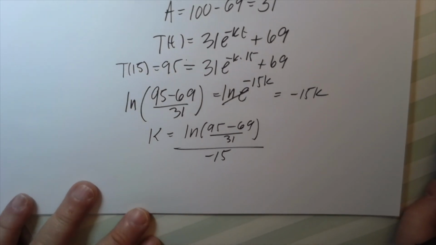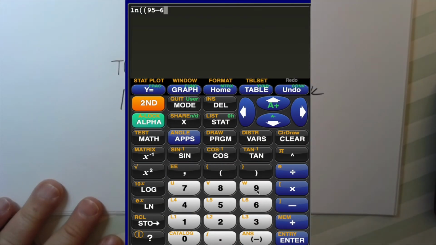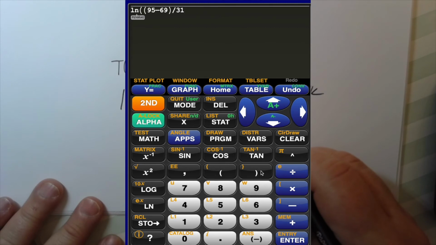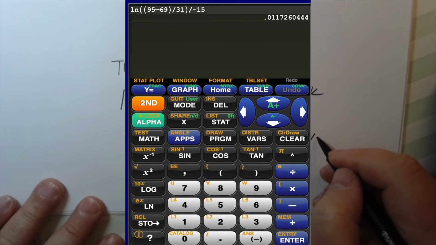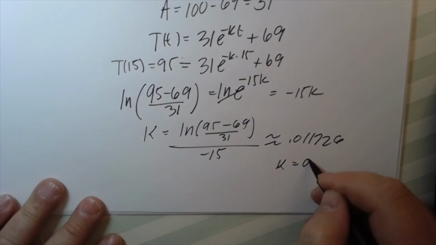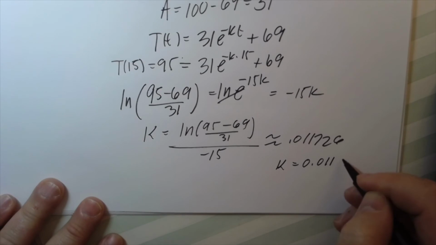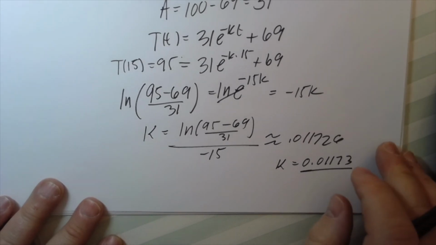So now I go to the calculator. I get that k is approximately 0.011726. So maybe I'll round it off to 0.01173, just so we have a bunch of digits there.